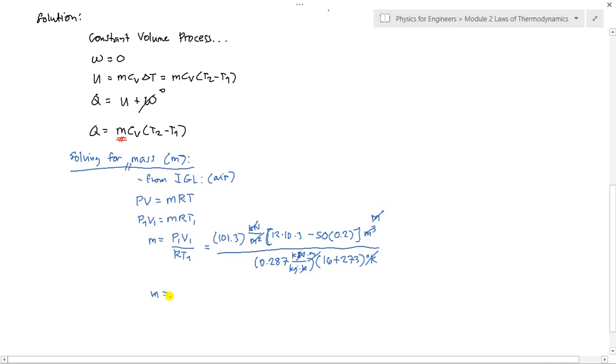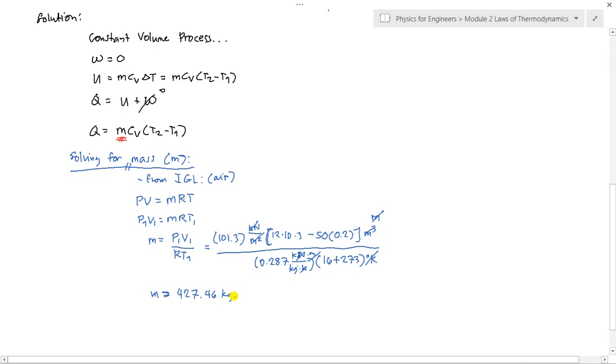So mass here is equals to, to simplify, 101.3 times 12 times 10 times 3 minus 50 times 0.2, then divide by 0.287 times 16 plus 273. So the result is 427.46 kilogram. That is our mass.